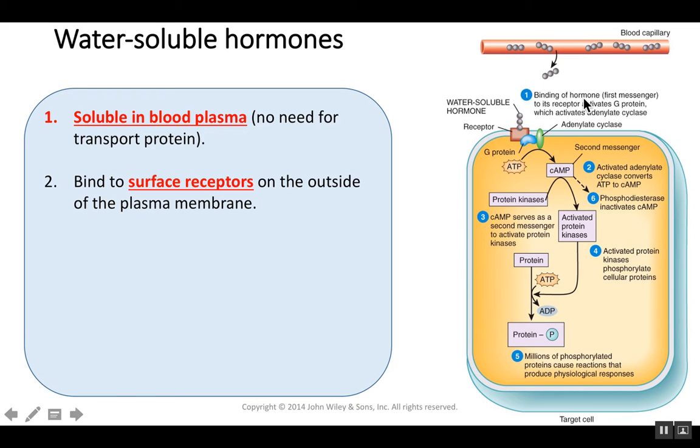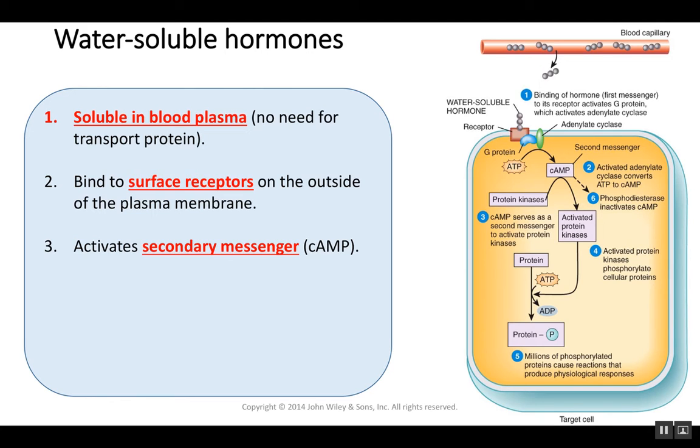So binding of the hormone, which often is known as the first messenger, to its receptor activates events that ultimately lead to a change in what the cell's doing. We're not going to get into the details of these events, but it includes a secondary messenger. So if the hormone is the first messenger, the secondary messenger is often a molecule that's produced inside of the cell that triggers events within the cell.